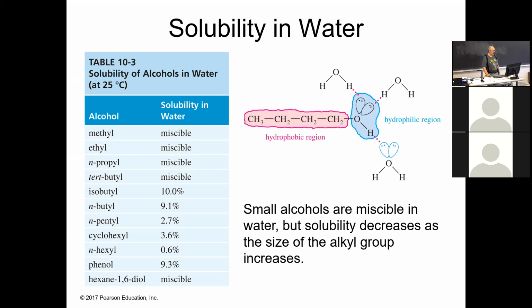Okay, so n-hexyl alcohol, or hexan-1-ol, is only about 0.6% soluble in water. By the time we get to 10 carbons, we've got an alcohol which is completely insoluble in water. Okay, whereas n-hexyl alcohol is 0.6% soluble, hexane-1,6-diol is miscible.